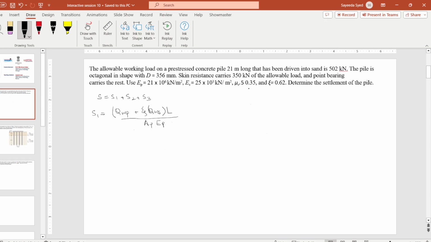So first, let us calculate the AP and the EP. Actually, we don't need to calculate it as such. When we are using precast concrete piles, usually there are only two cross sections that we take. One is a square cross section.